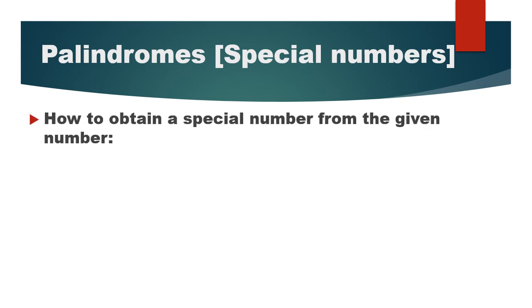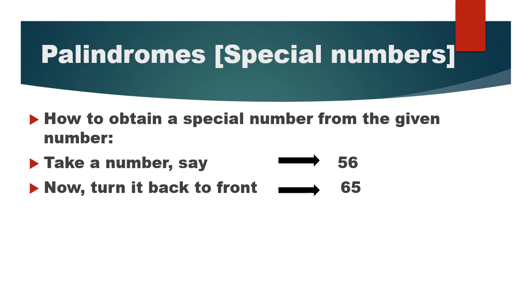Now students, let us revise how we can obtain a special number from a given number. Take a number, say 56. Okay? Now, turn it back to front.